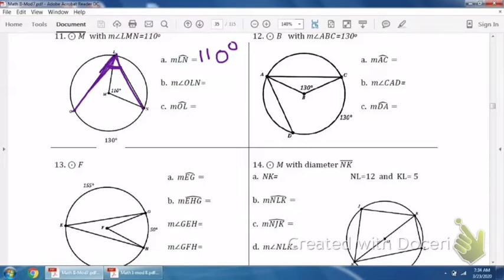Okay, so to figure out what this is, we have to use those same endpoints and make a central angle with them. So we still use O and N, but if we connect those two endpoints to the center, instead of connecting them back to L, we can see here that this opening they're giving us, it's kind of hard to see, is 130 degrees.